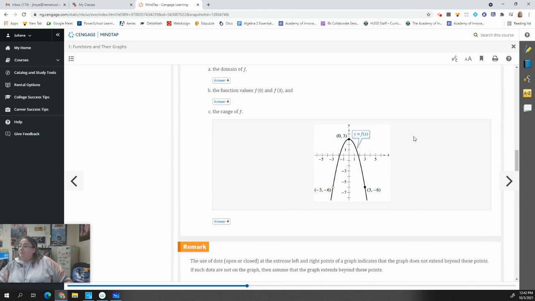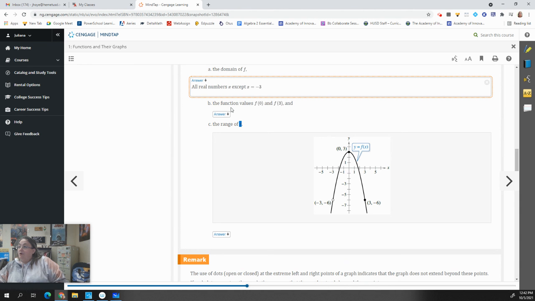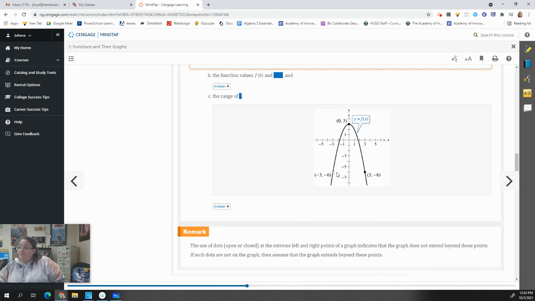So the domain of this function, if we looked at it, the domain on this one is, let's look at the answer. All real numbers except -3. Why would it be all real numbers except -3? See that open dot right there?